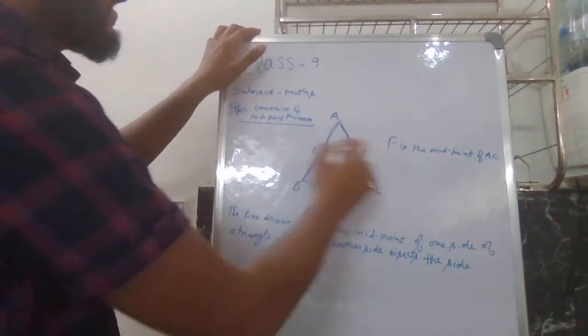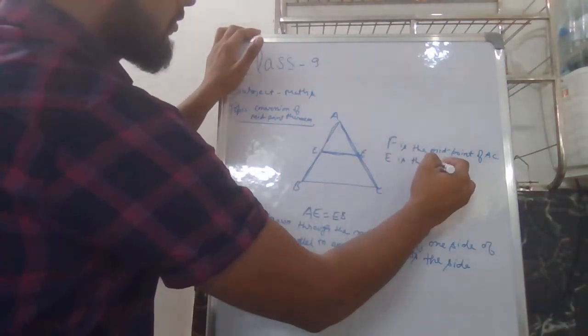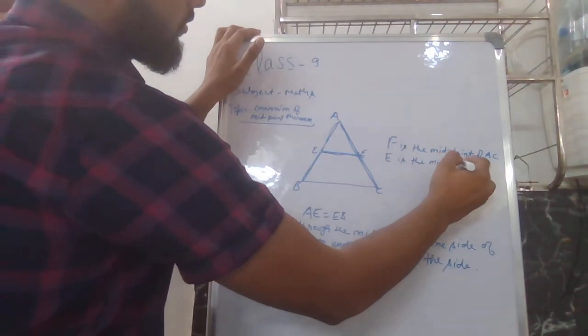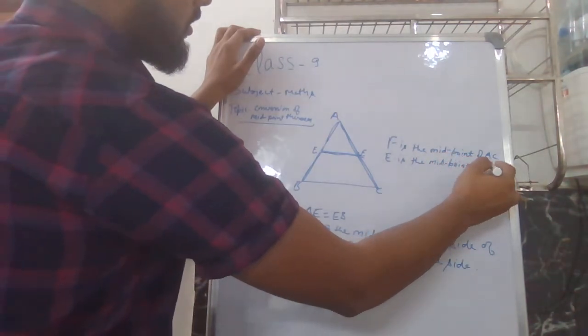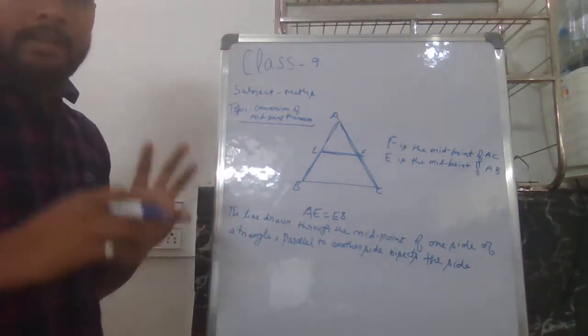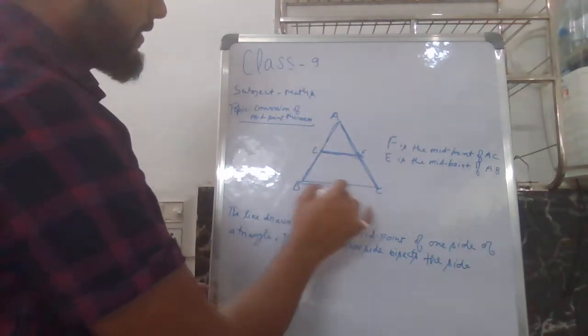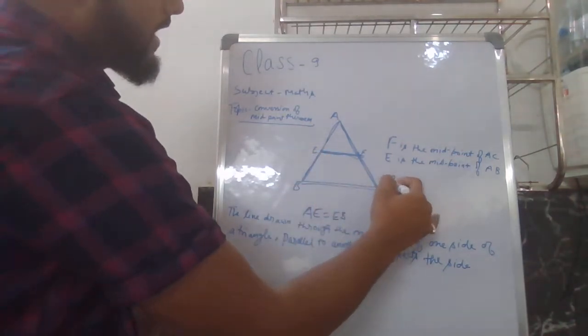We can see that E is the midpoint of AB. So I will write: F is the midpoint of AC, and E is the midpoint of AB. Here we can see EF and BC, and what it looks like.